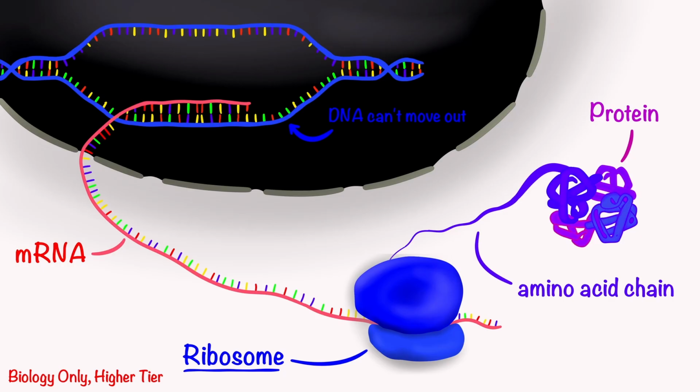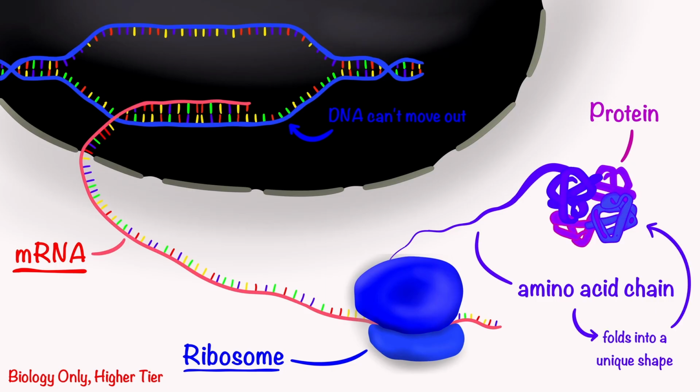So the cell needs to get the code from the DNA to the ribosomes. This is done using a molecule called mRNA, which is made by copying the code from the nucleus. The mRNA acts as a messenger between the genetic code in the nucleus and the ribosomes. It carries the message between the two.